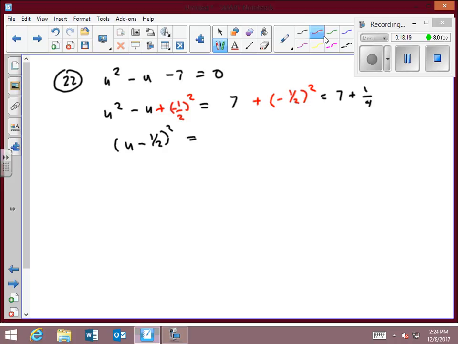Then we'd have to do a 4 over 4, right? To get a common denominator. 4 times 7 would be a 28, plus 1 in the numerator, all over 4. So this is going to be what? 29 over 4. Should be 7 minus 1? No, because you square a negative 1/2. Square the negative is positive, right? Nice try.